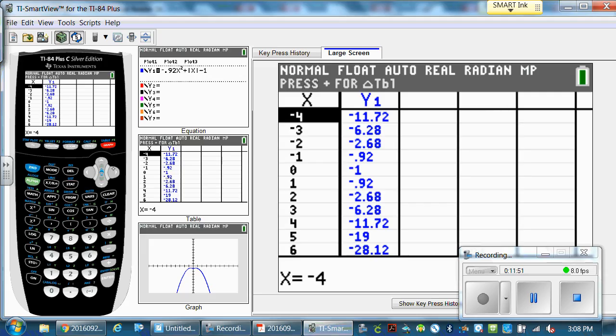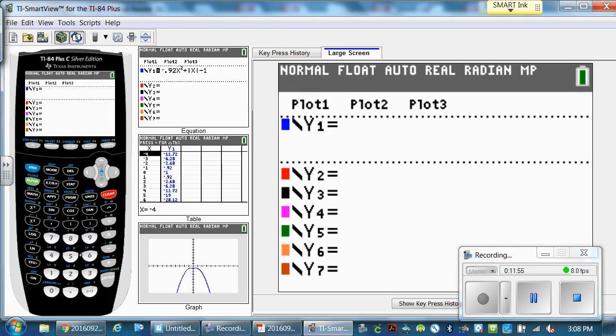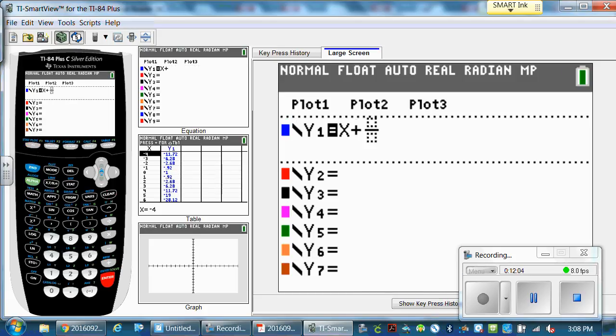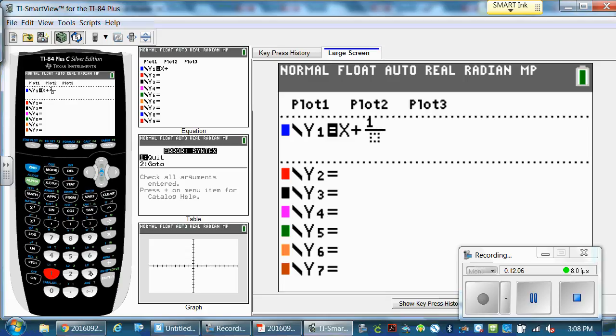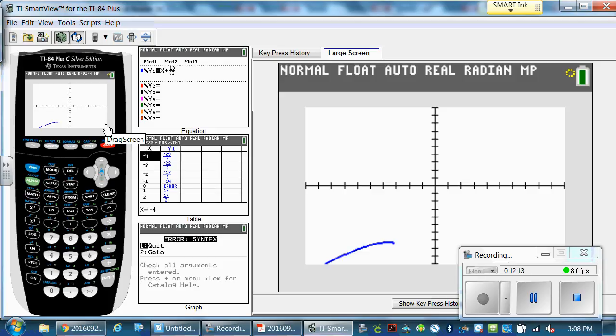24, y equals x plus 13 over x, is what appears to me to be odd.